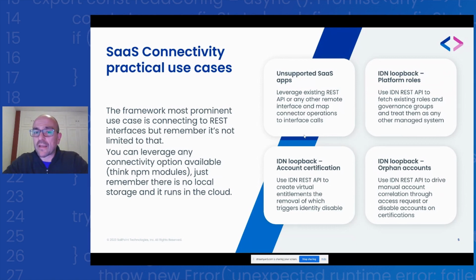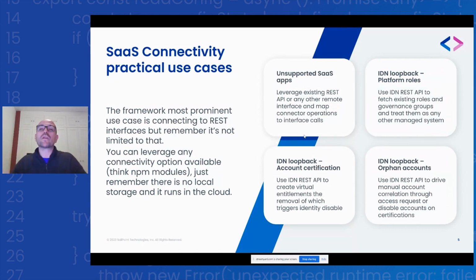Then I also created the account certification loopback connector, which basically uses the SaaS connectivity loopback to fetch identities. It turns the identities into accounts. It also turns those identities into entitlements, and then every account has a single entitlement, which is its own account.